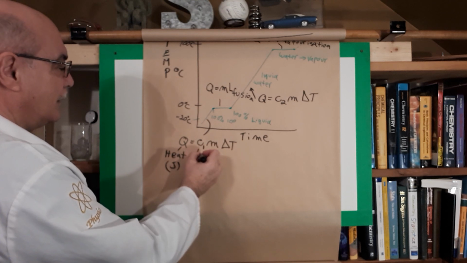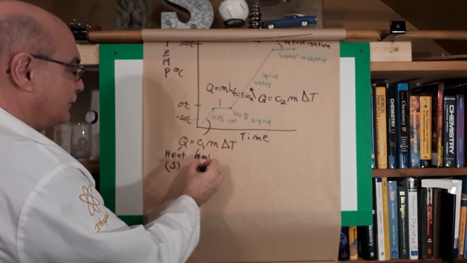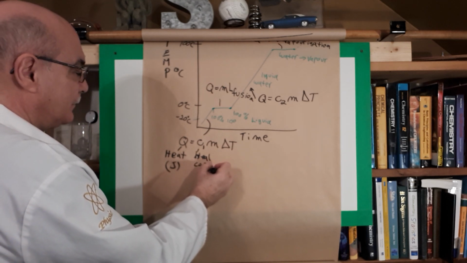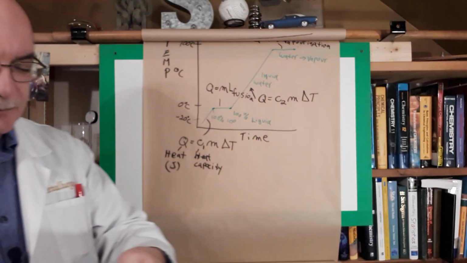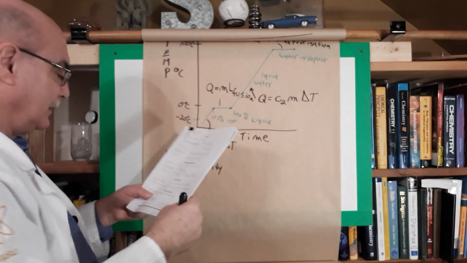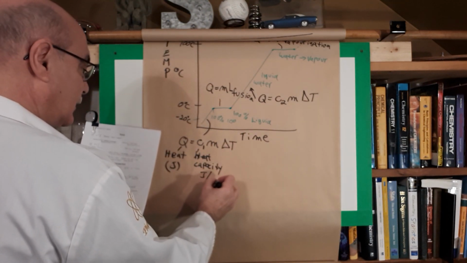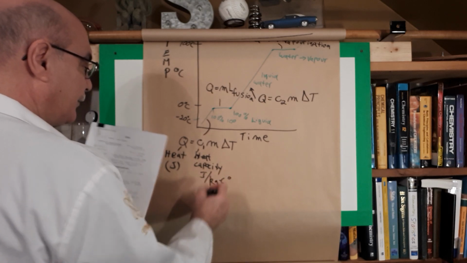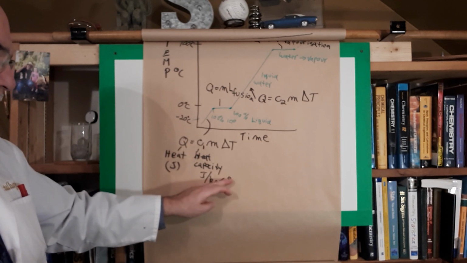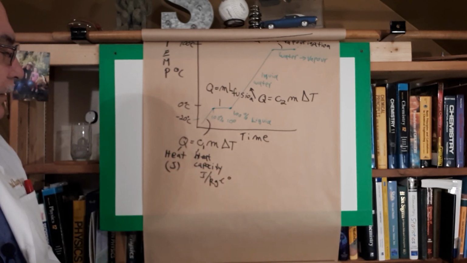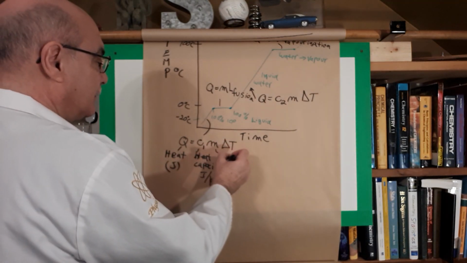No, C is the heat capacity, my mistake. Heat capacity. And this is taken from a chart. And let's see what those units are for heat capacities. It's joules per kilogram Celsius degree. And yes, you may think I've made a mistake here, but no, that's Celsius degree. Again, that's a topic for another video. There's your heat capacity. M is mass in kilograms.